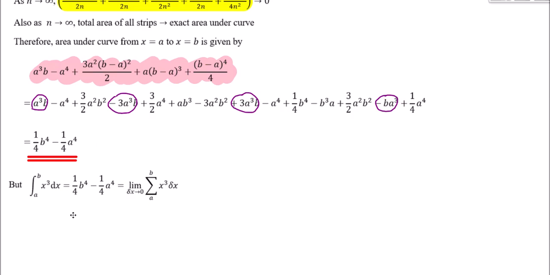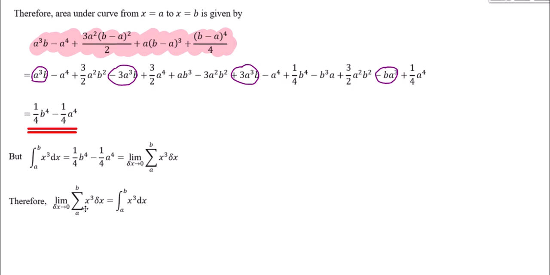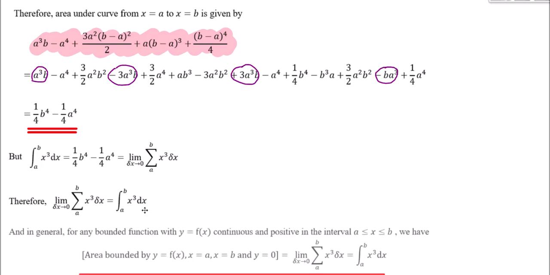Taking it slightly further though, that was just for y equals x cubed. So in the case of y equals x cubed, we've got our result pretty watertight. However, what about for just a general function y equals f of x?